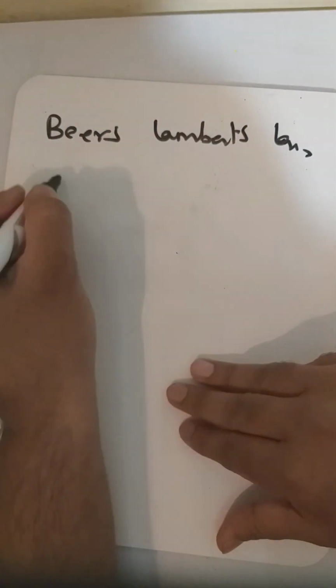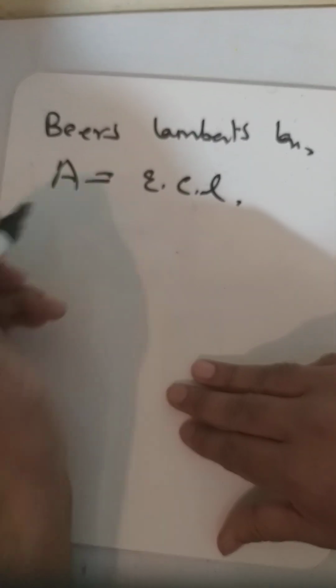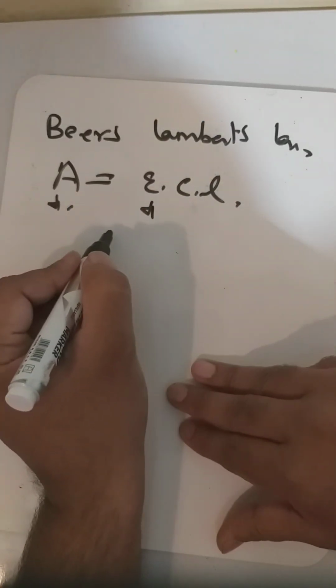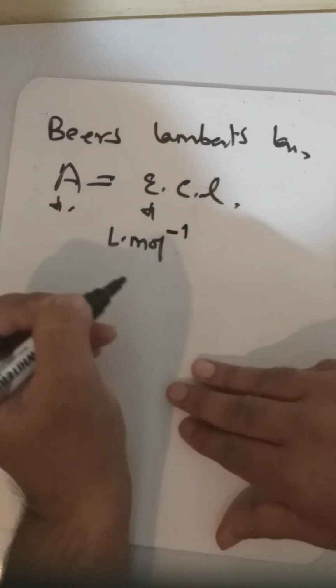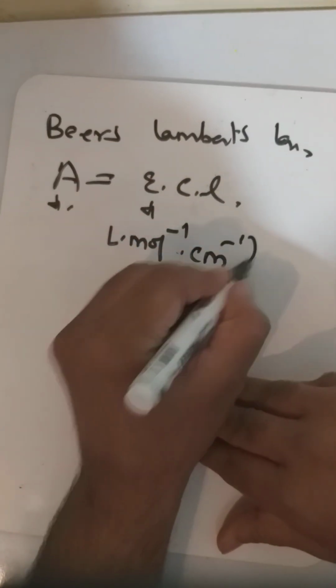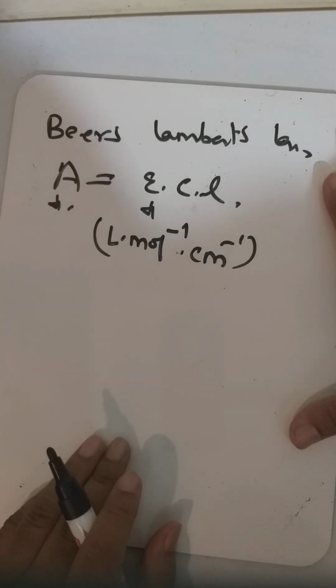We all know A is equal to epsilon C into L, where A is the absorbance. This epsilon stands for molar absorptivity. What is the expression for molar absorptivity? It is liter mole inverse centimeter inverse. Okay, so this is the expression for molar absorptivity.